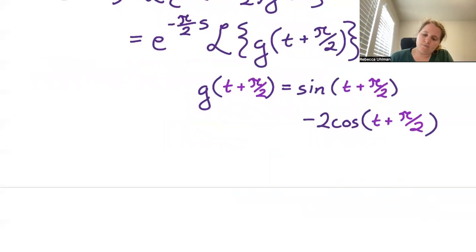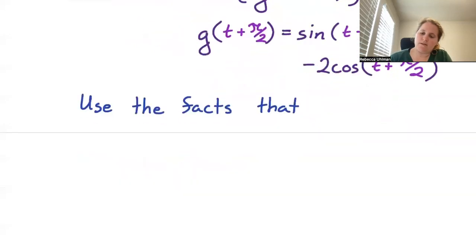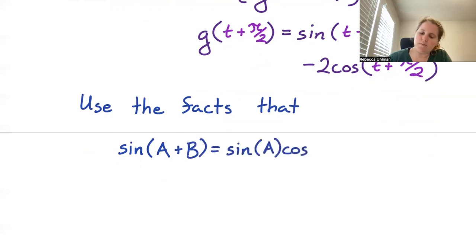So we will now use the fact that sine of a plus b is equal to sine of a times cosine of b plus cosine of a times sine of b.